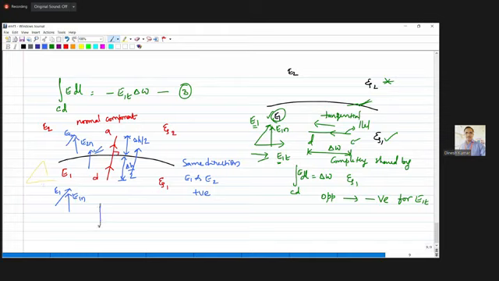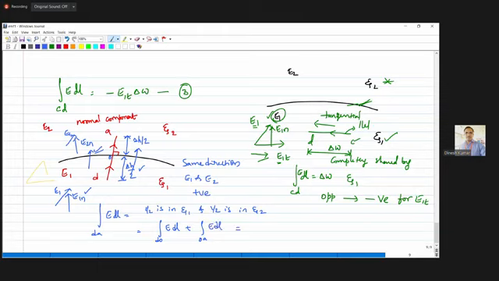So the integral of E dot dl over DA will be what? Half is in epsilon 1 and half is in epsilon 2. With respect to epsilon 1, the value is E1n delta H by 2. If you want, you can consider this point as 0. I can write it like this: integral D to 0 of E dl plus integral 0 to A of E dl.